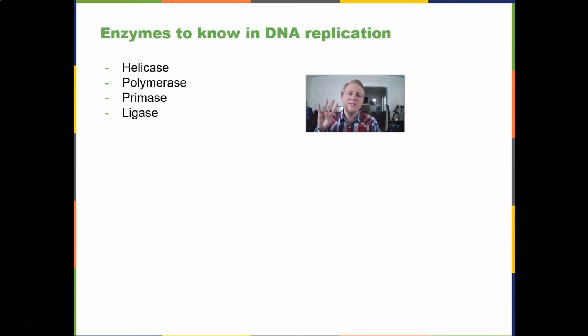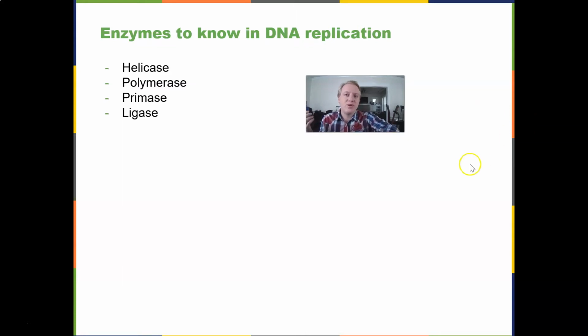The 4 that you need to know are helicase, which unzips the DNA, breaks those hydrogen bonds; polymerase, which actually builds a new DNA strand; primase, which helps let polymerase know where to go; and ligase, which stitches together what are called the Okazaki fragments, which we are going to discuss shortly. Those are the 4 main ones that I want you to know. I don't want you to think that that's all there is in DNA replication, but those are the main ones that we're going to be discussing. There are actually many more.